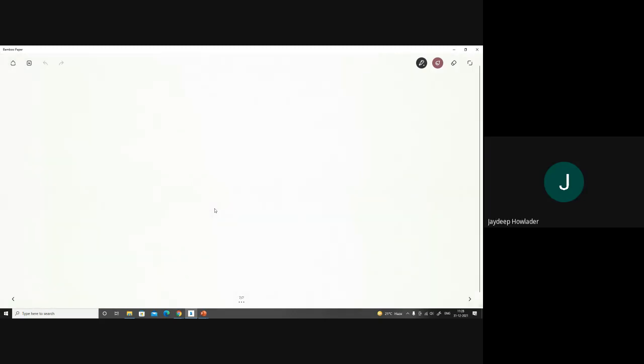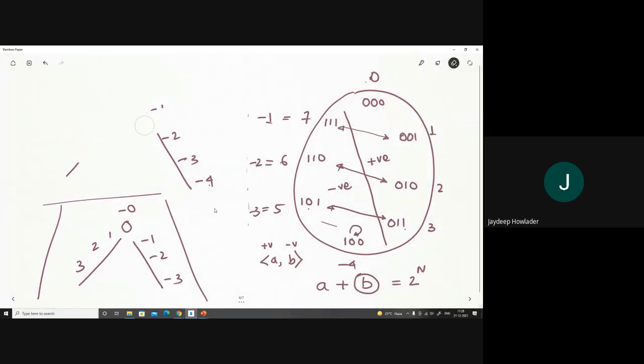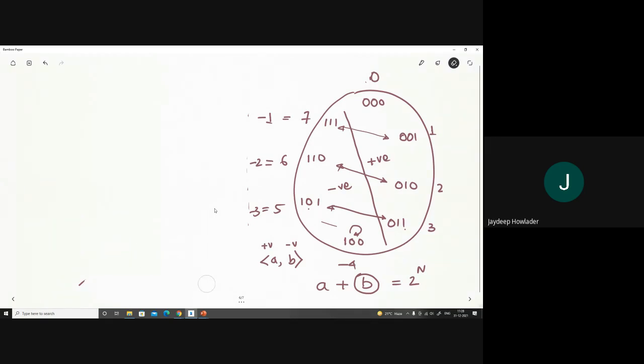Just take the same example. We can work it here also. The sign is determined by taking the same concept from the sign magnitude.